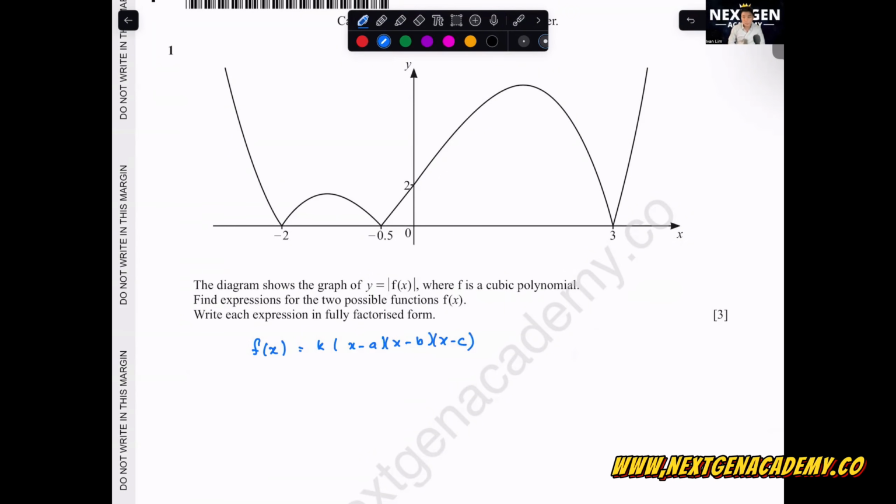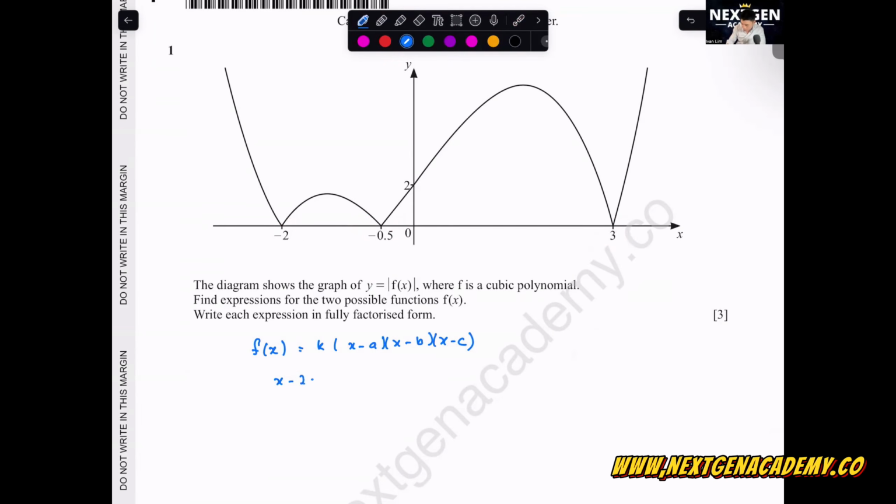Your a, b, and c will be the factors. How to find a, b, and c? One thing you all need to take note of is this part here. They will want you to write it in the proper form, which is 2x plus 1, normally. I'll teach you how to work out the solution.